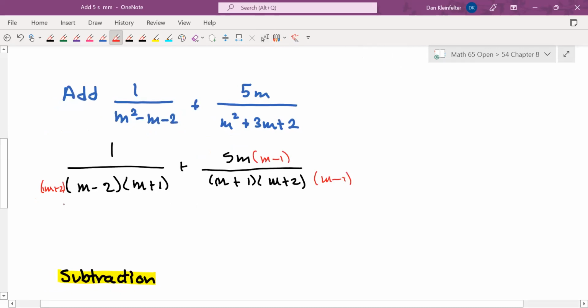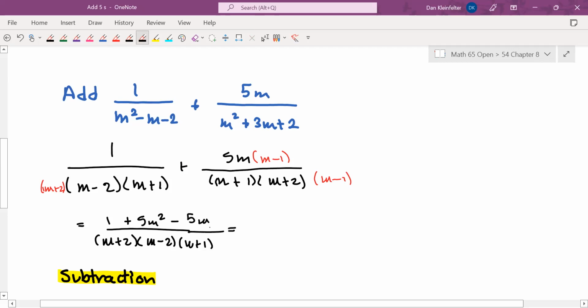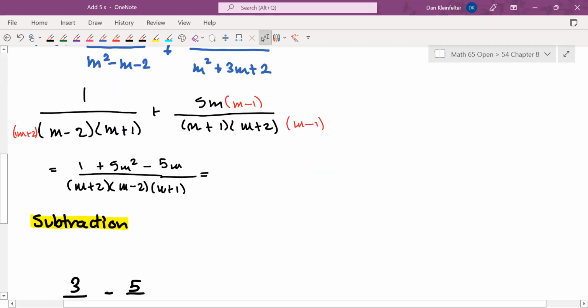Okay, so now they both have m plus 2, m minus 2, and an m plus 1. Okay, so we'll keep that same denominator of m plus 2, m minus 2, m plus 1. We'll have 1 plus 5m squared minus 5m. Okay, and then let me rearrange the terms in the top so that it looks nicer.